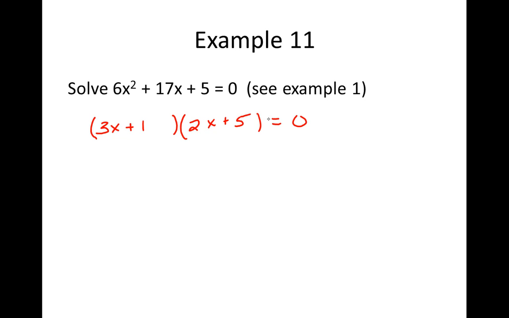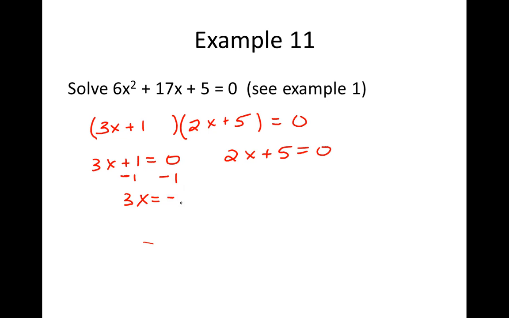Now what do we do? Set each factor to 0 and then solve. So the process is exactly the same as we did earlier. The factoring part is a little more challenging, and even solving the equation can be a little more challenging.